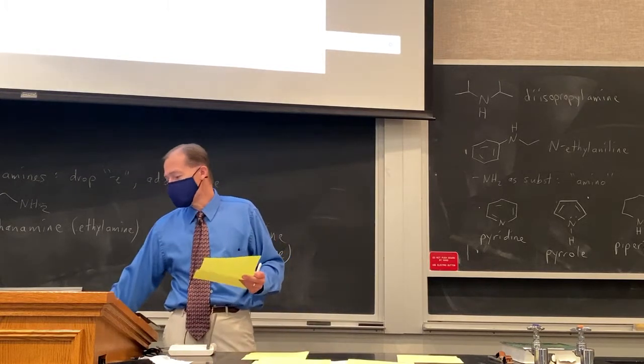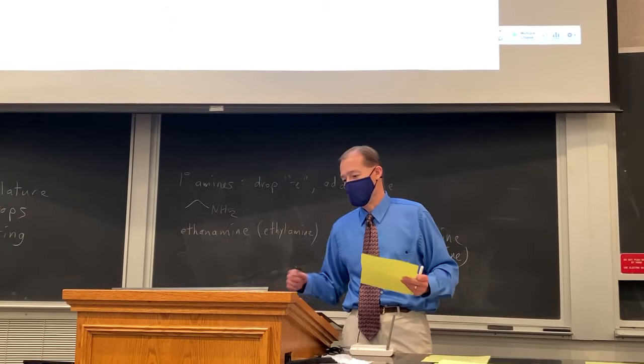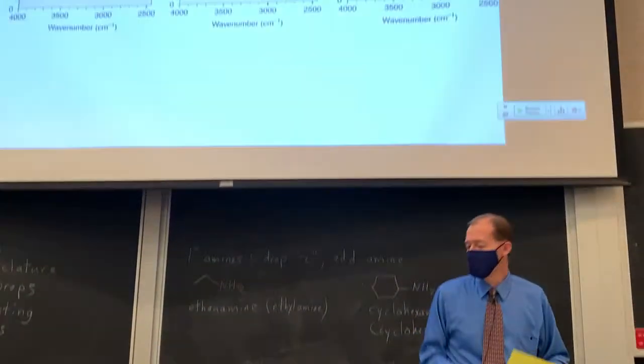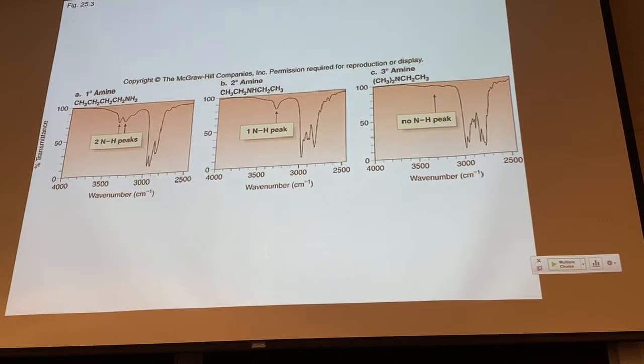In the IR spectra of amines, we have the NH stretch that appears usually between 3200 and 3500, kind of in the same range where OH stretches appear.